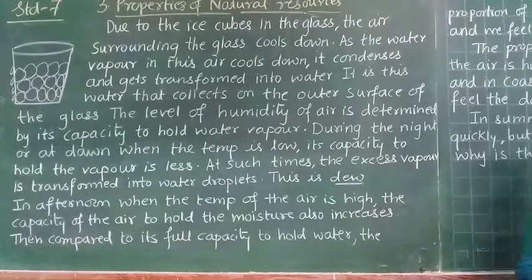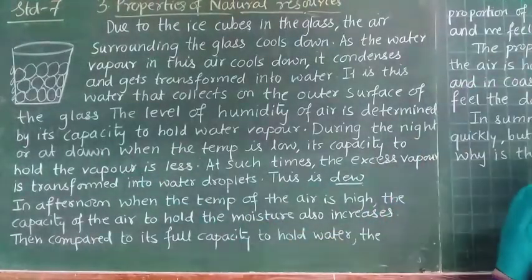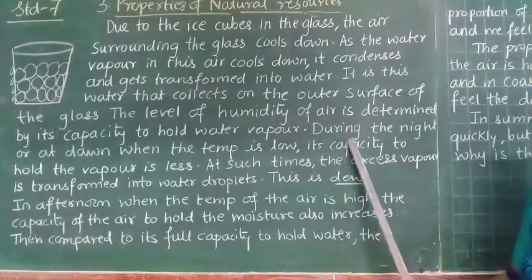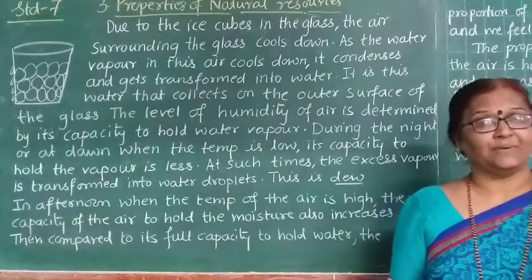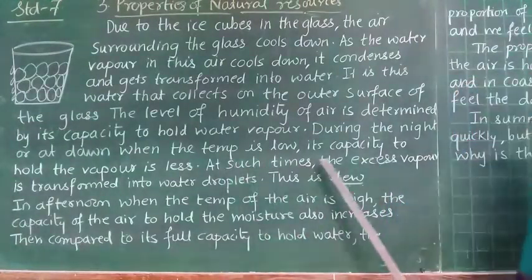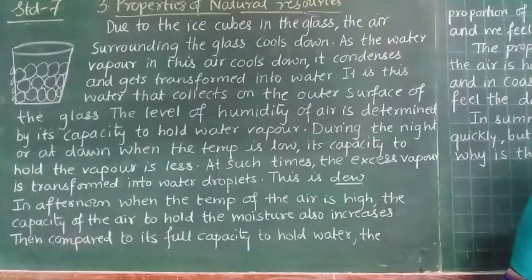During the night, what happens? Whenever there is night or dawn, the temperature in the surroundings will be very low, so its capacity to hold vapor will also be lowered here. At such times, the excess vapor is transferred into droplets, and this is called dew.